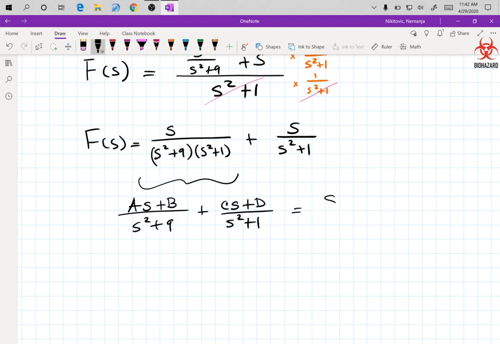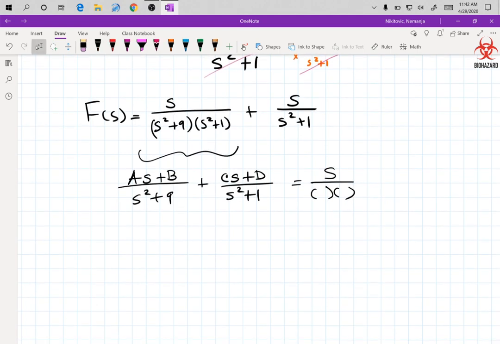All of this is going to be equal to s parenthesis times parenthesis. So cross multiply everything for the common denominator.